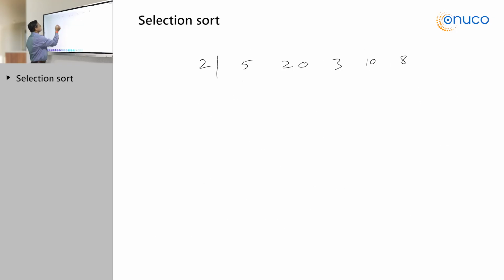These are indexes 1, 2, 3, 4, 5, and here is i, and j will start from i plus 1. As per the concept, j will start from the next element, right? And min, i is 1.